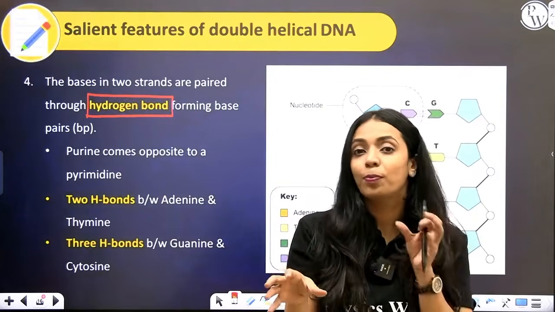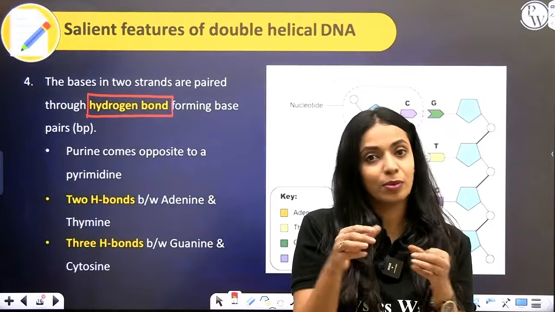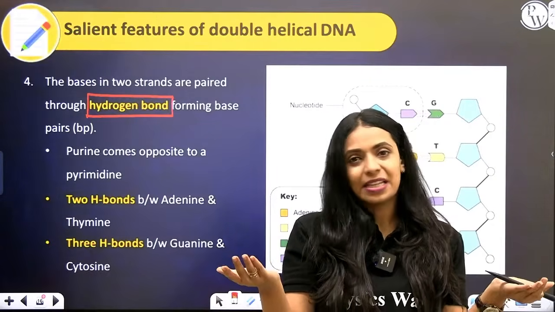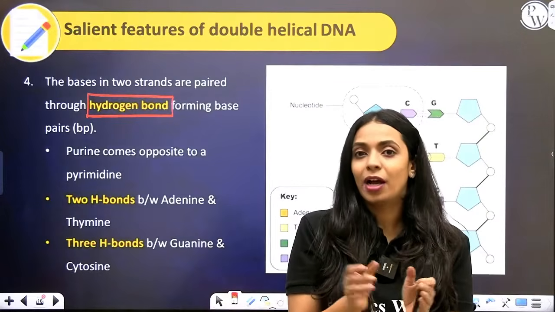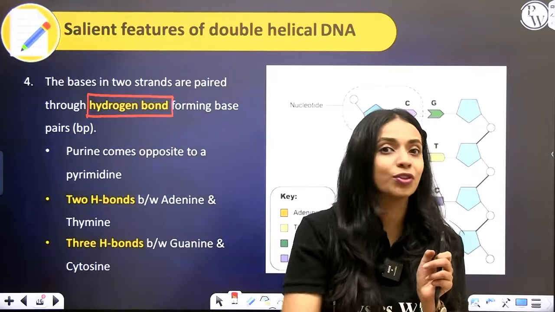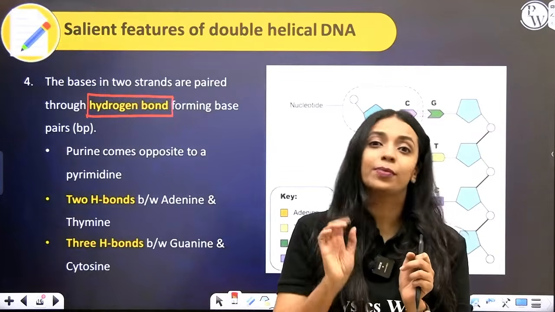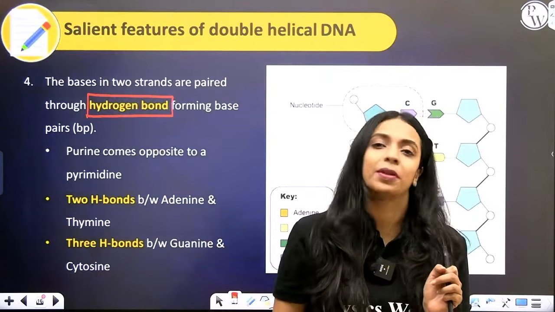What will happen if 2 purines pair? They are both bigger in size, that portion of the DNA will become wider. What if 2 pyrimidines decide to pair? They are both small, that portion of the DNA will become narrower. That is not how DNA is. DNA has uniform width throughout its length. That is maintained because of this complementarity, where a purine always pairs with a pyrimidine.